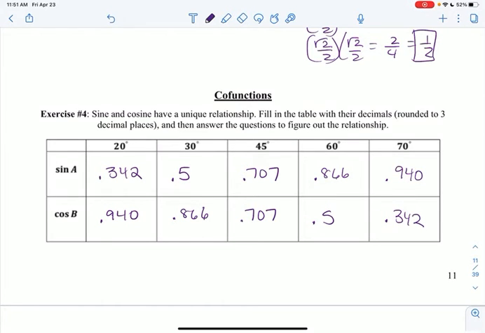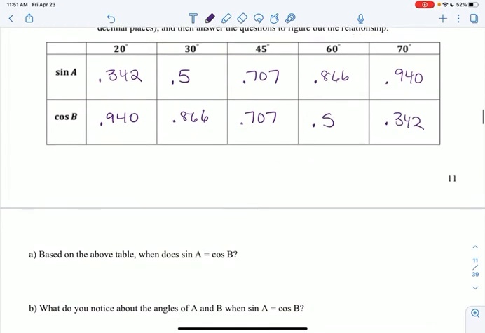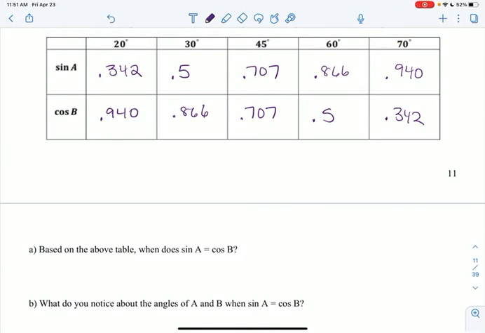Now looking at the table, this is the next question. I can leave the table up there as we do this. When does sine of A equal cosine of B? Well, the sine of 20 equals the cosine of 70. The sine of 30 equals the cosine of 60.